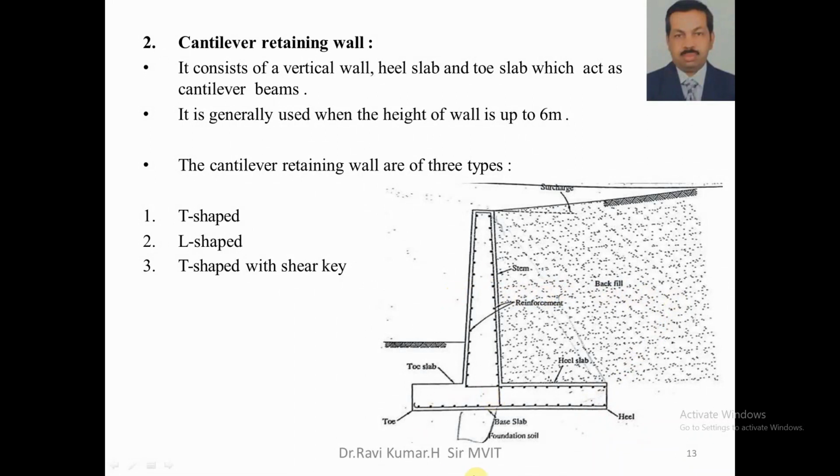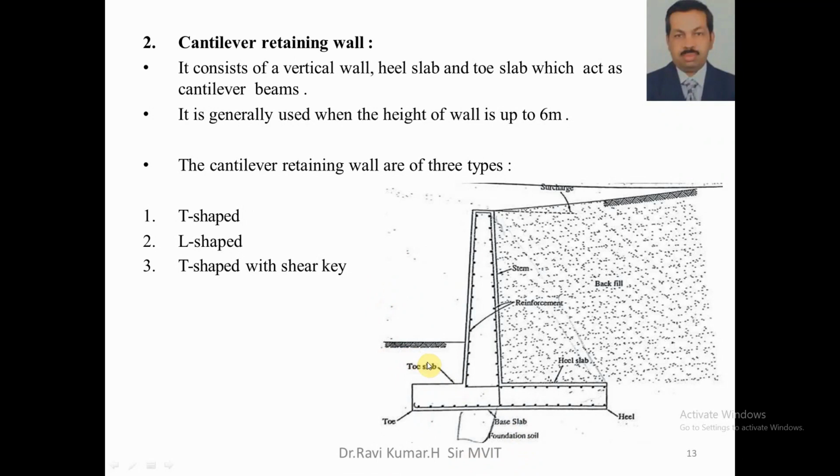Hence, to grout, we provide a shear key. Hence, we may have a T shape with a shear key. So we have 3 kinds of cantilever retaining wall: T-shaped, L-shaped, or T-shaped with the shear key. So this is called a cantilever retaining wall.